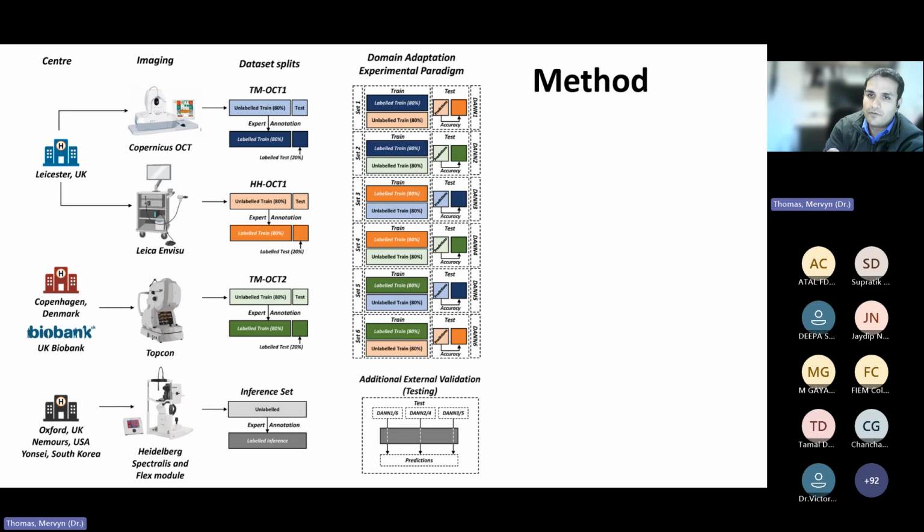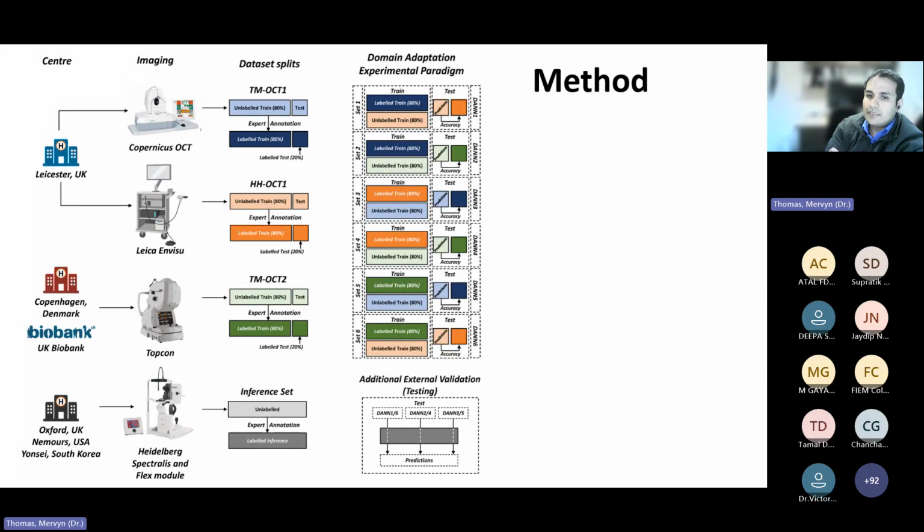We created a number of different neural networks, these domain adaptation neural networks, DAN1 all the way to DAN6. We also had a separate holdout set, which we call the inference set, for additional external validation and testing.